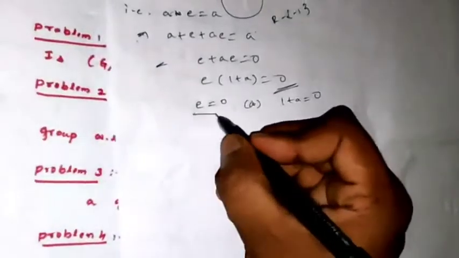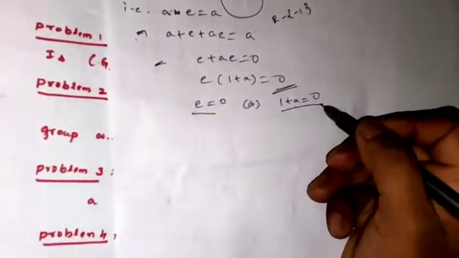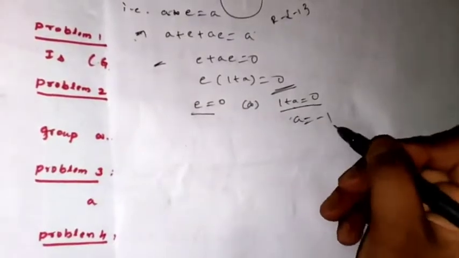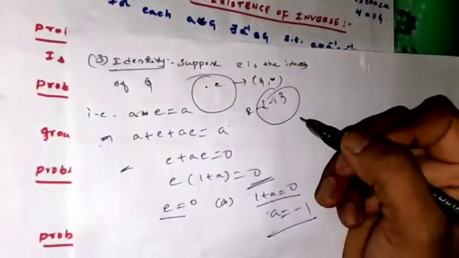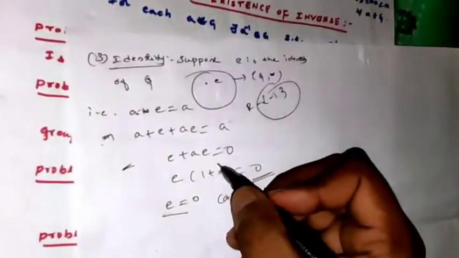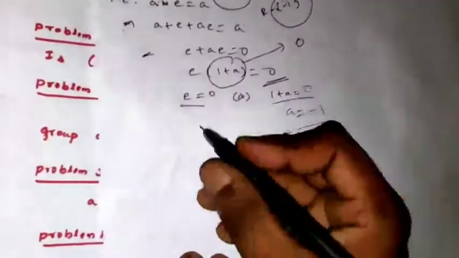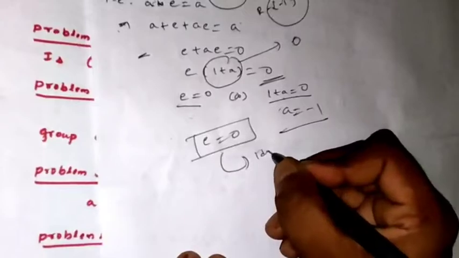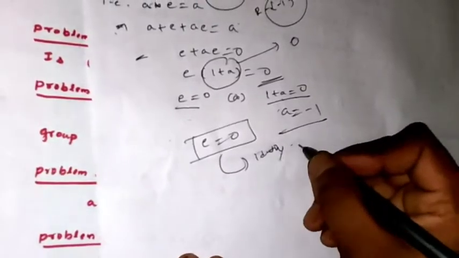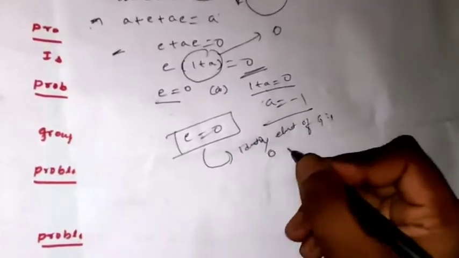This is not possible: 1 plus a is equal to 0 because a is equal to minus 1, but minus 1 does not belong to our set. That means this becomes 0. We get e is equal to 0. The identity element of G is 0.